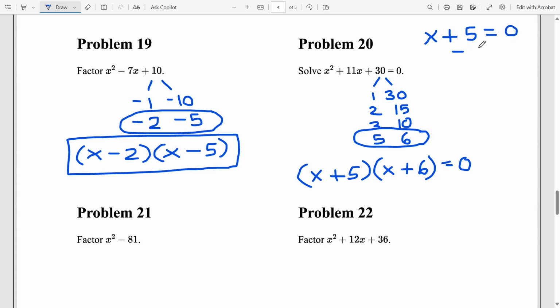And I'm going to subtract 5 from both sides here. 5 minus 5 is 0. We can cross those off, and we get x equals negative 5 as one of our solutions. I'm also going to set x plus 6 equal to 0.